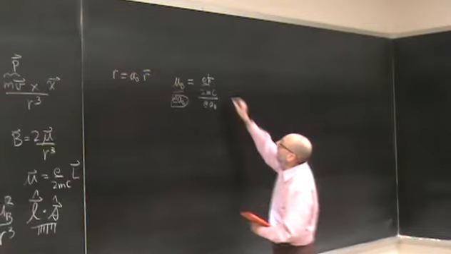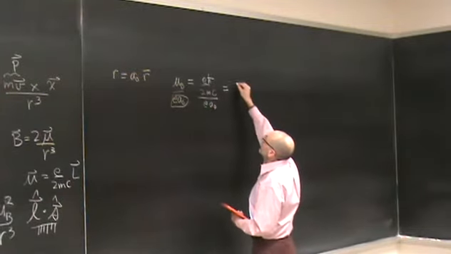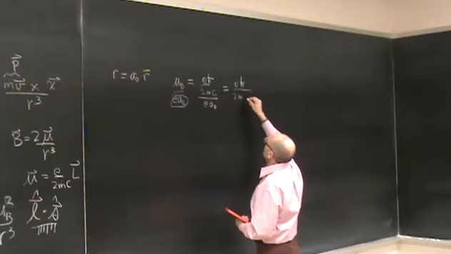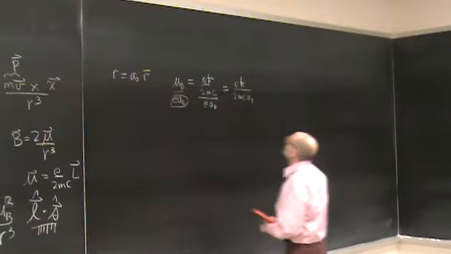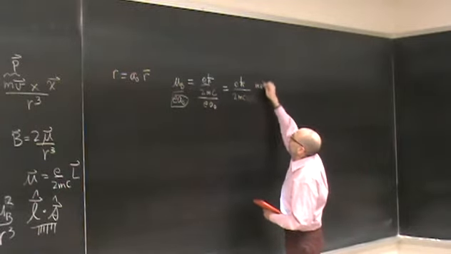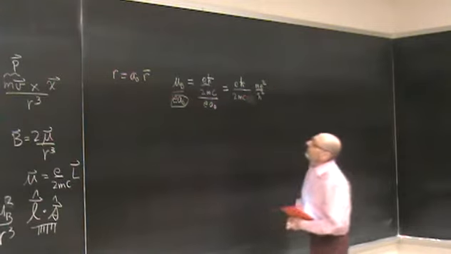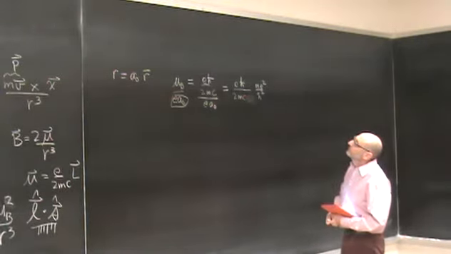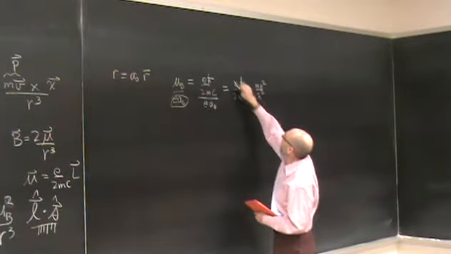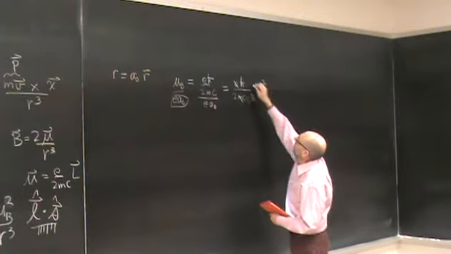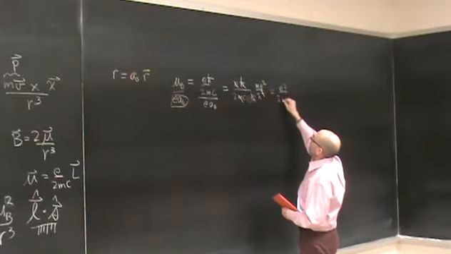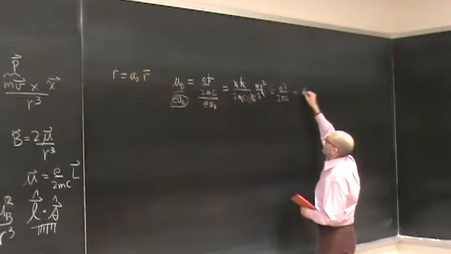Okay. Then this is equal to e h bar over 2 m c a naught. And I can plug in for 1 over a naught and e squared over h bar squared. And then I have the e over here. So that cancels that. That cancels that. I get 1 canceling that. And I get e squared over 2, or half the fine structure constant.